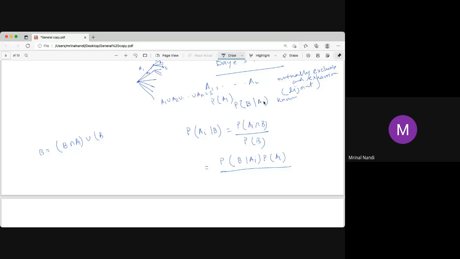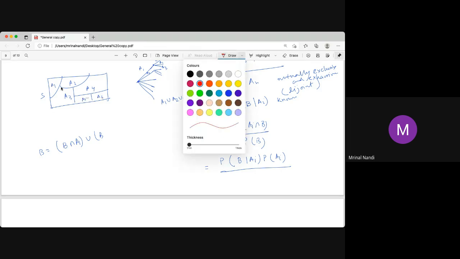A1 to An must be the whole set. In mathematical language, if they are mutually exclusive, disjoint, and their union is the whole set, this is called a partition of the whole set. And we have another set B, say something like that.